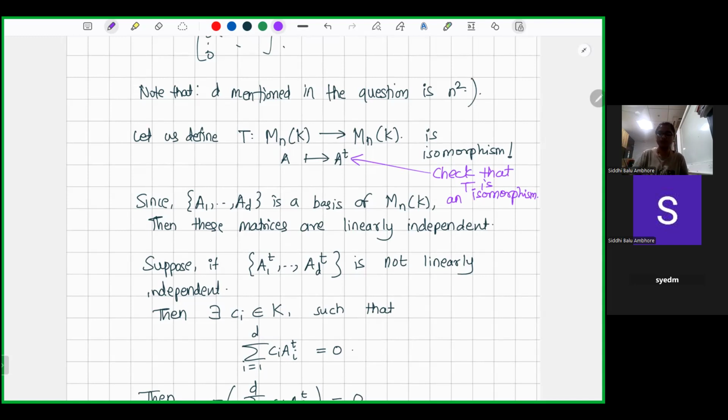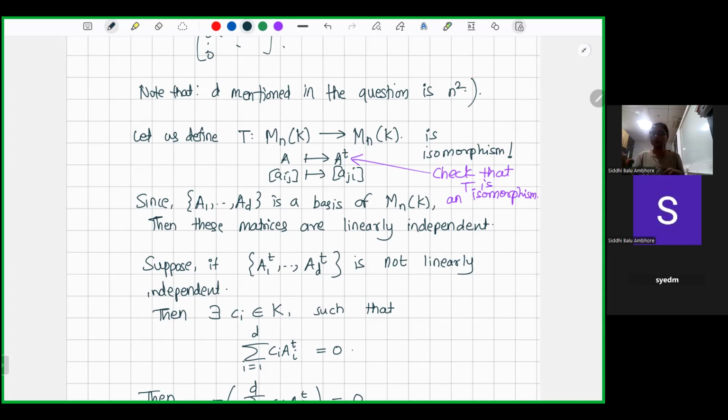What this does is a_ij going to a_ji, right? So if some matrix is mapped to 0, then all the a_ij's are 0, and then the corresponding pre-image will be 0 altogether. So that will give me the injectivity. And for surjectivity, if I choose any matrix, the transpose of that matrix itself will be the pre-image.